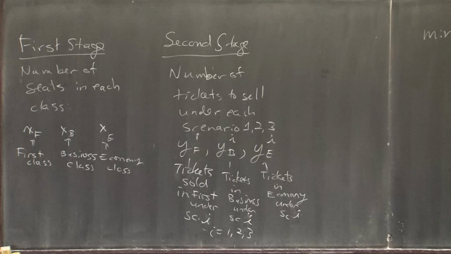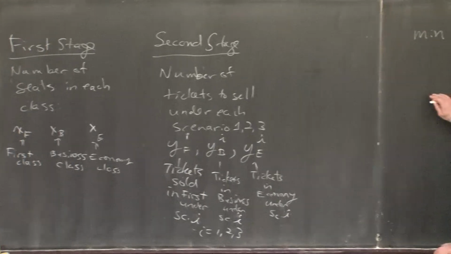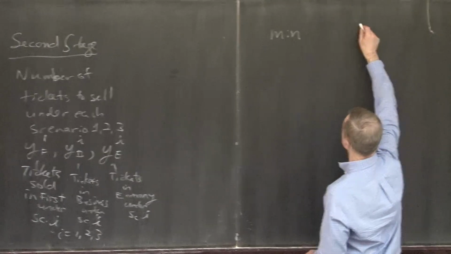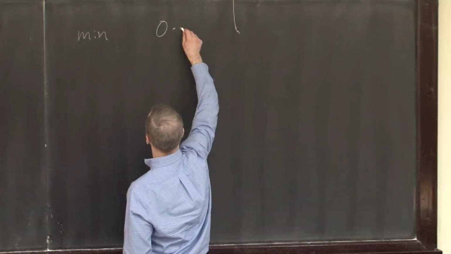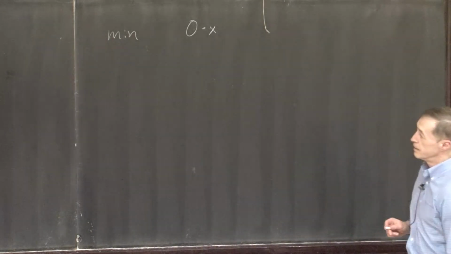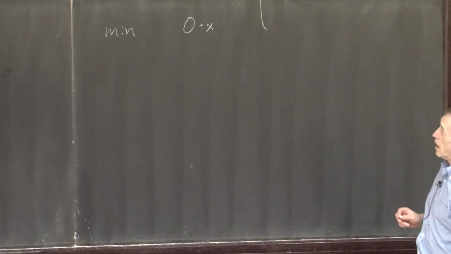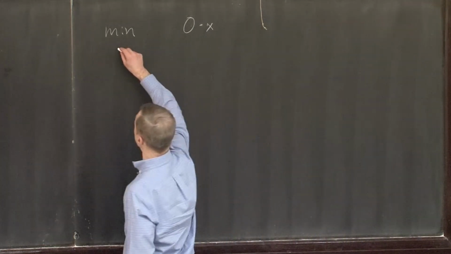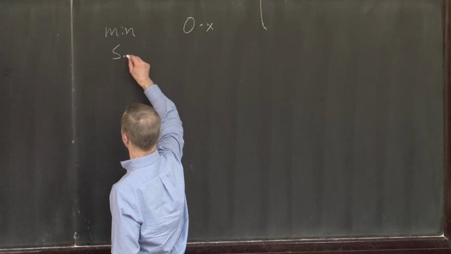In this case, I don't think there's any cost for the first stage, so the cost for X is actually 0. I'm not going to have any cost for putting in the seats. And then I'll say, okay, subject to what constraints?